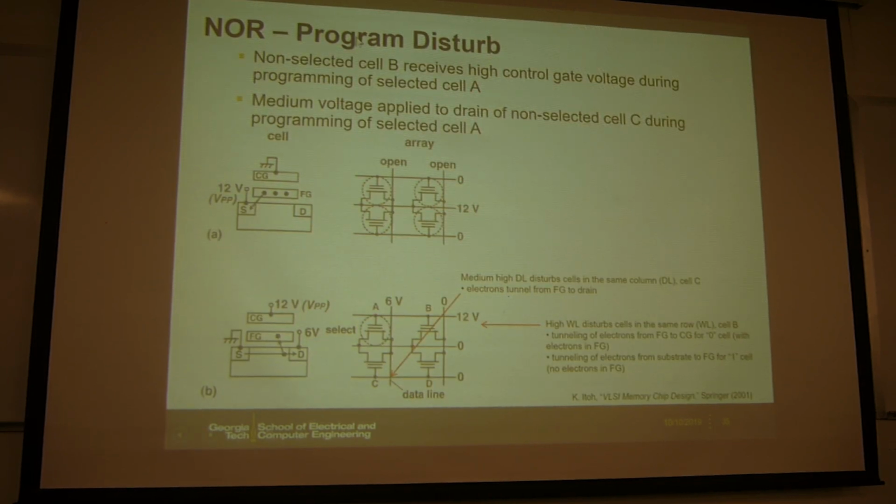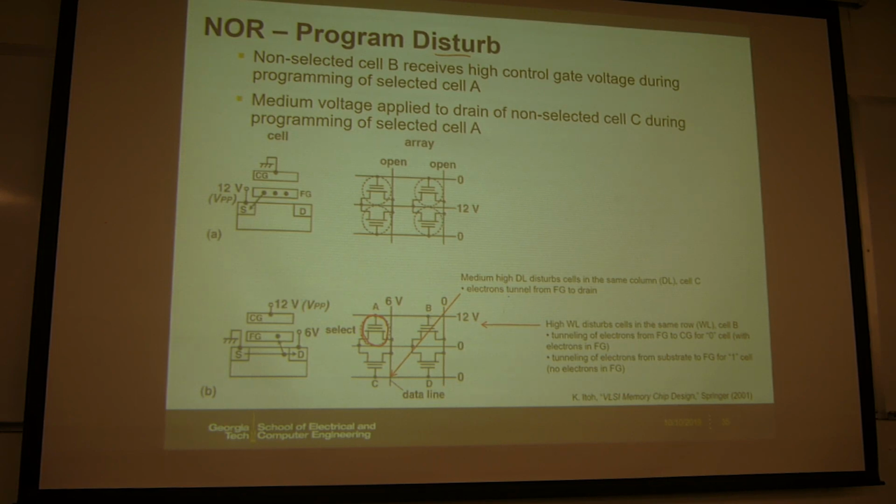And there are some disturb issues in the NOR flash array. So this is when you look at the program case. Cell A is the selected cell. You only want to program cell A, but the other devices which share the same word line or the same bit line with cell A will be under this so-called disturb state.